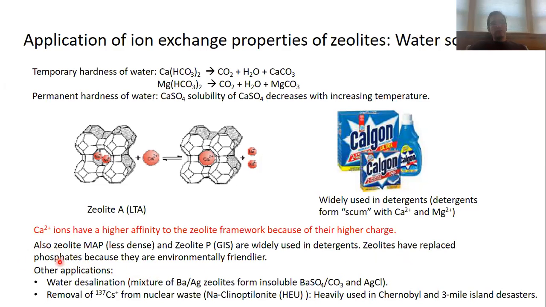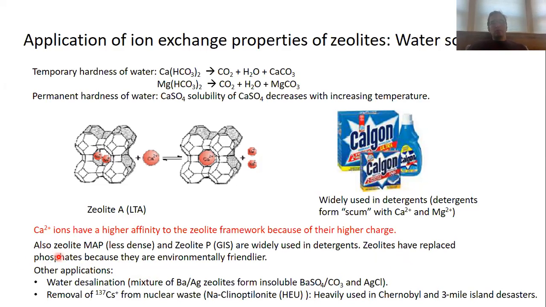Also, phosphates can be used as water softeners because phosphate also precipitates with calcium and magnesium 2+, but phosphate is not that environmentally friendly because it is fertilizing, so it can actually promote algae growth.